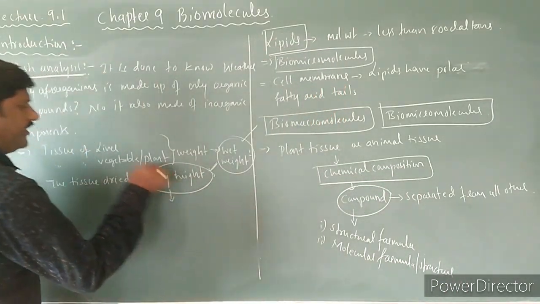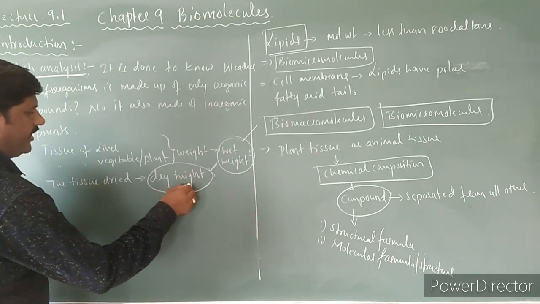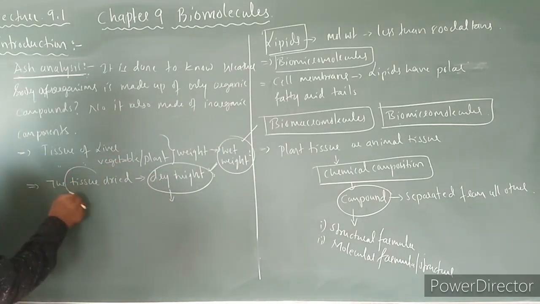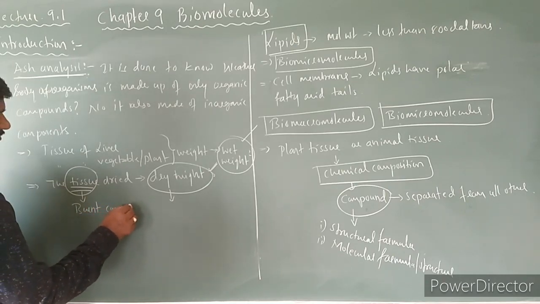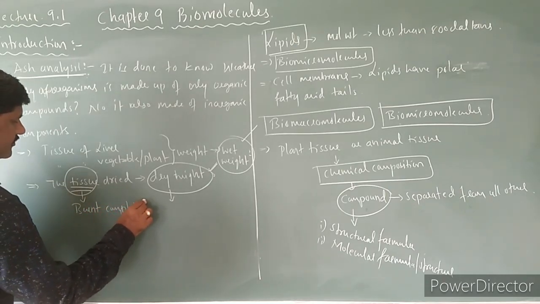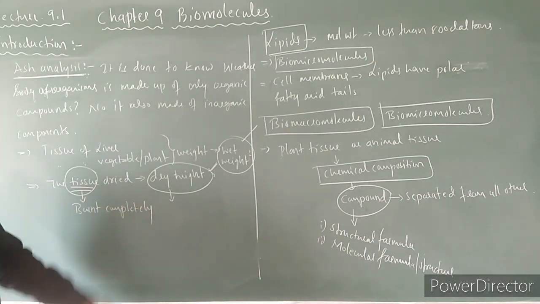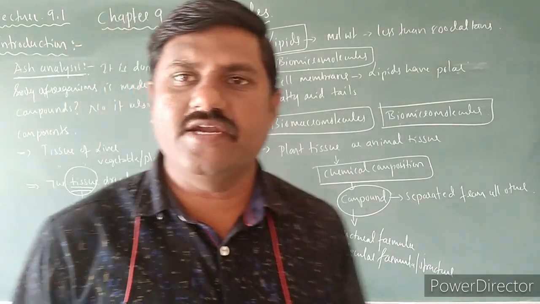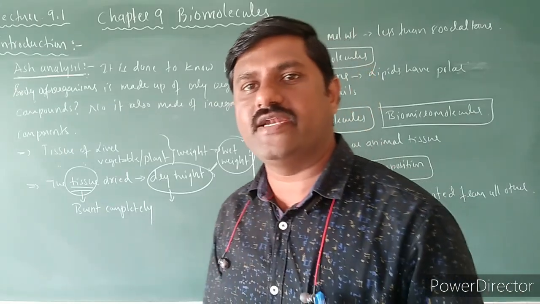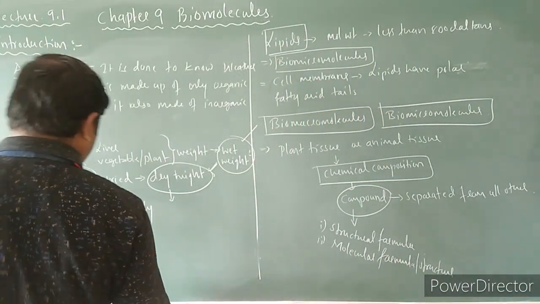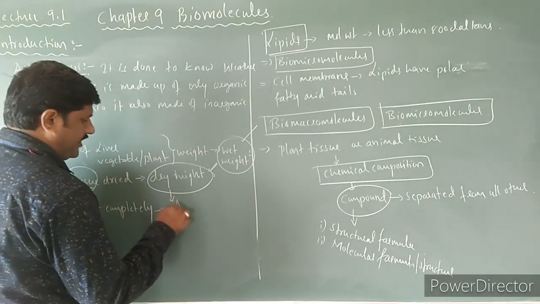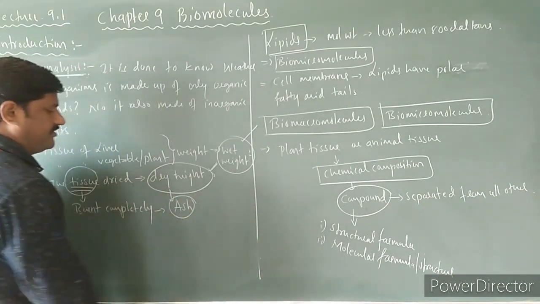Now this dry weight tissue, the dried tissue, is burnt completely. When the dried tissue is burnt completely, it is burnt into ash. What does it become completely?